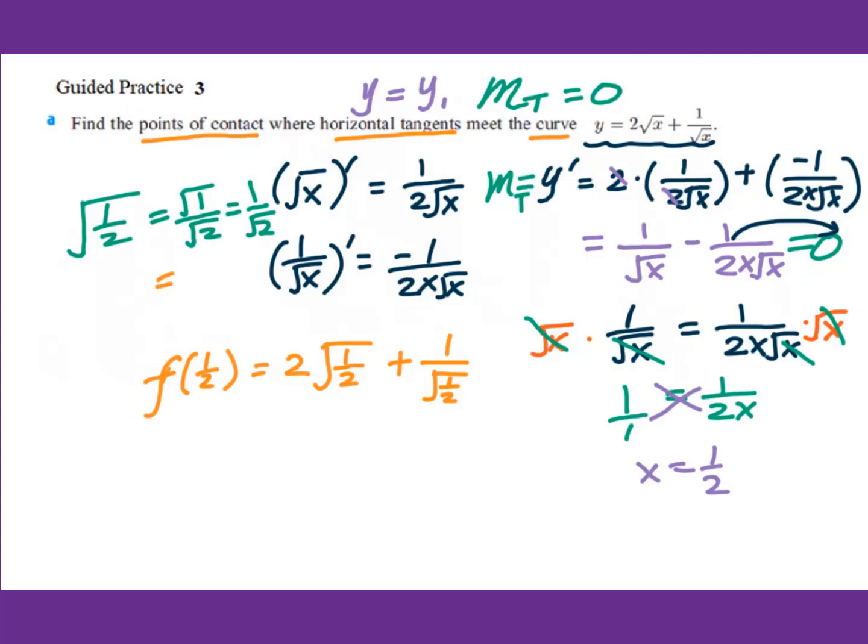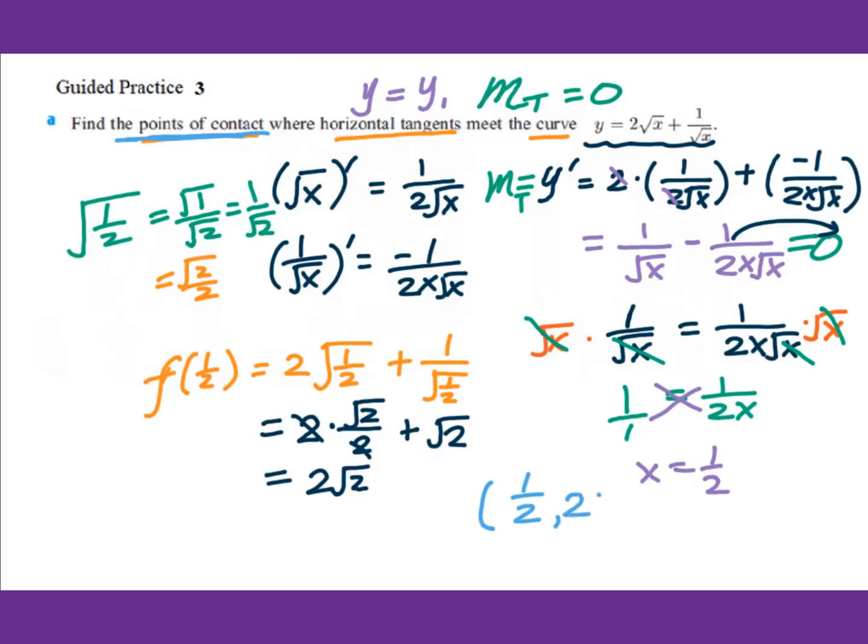And you keep simplifying, you can get square root of 2 over 2. Therefore, 2 times square root of 2 over 2 plus, this will be square root of 2. Reduce, you can get 2 square root of 2. Therefore, the point of contact will be 1/2, 2 square root of 2.